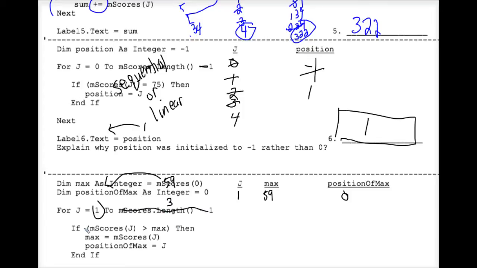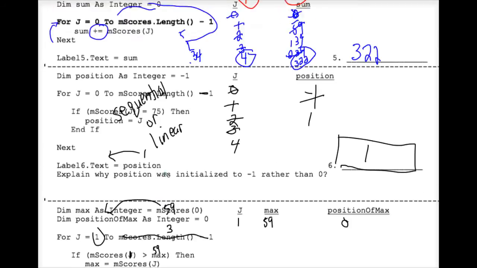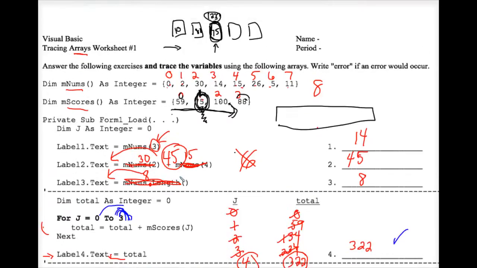And now we encounter this if statement: if m scores j greater than max. Well, max is currently 59 and j is currently 1. So m scores 1 is this 75 that's kind of buried in there.